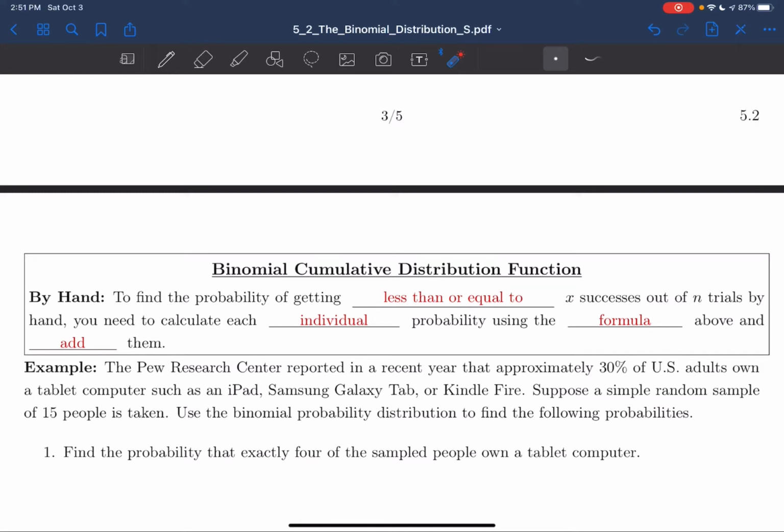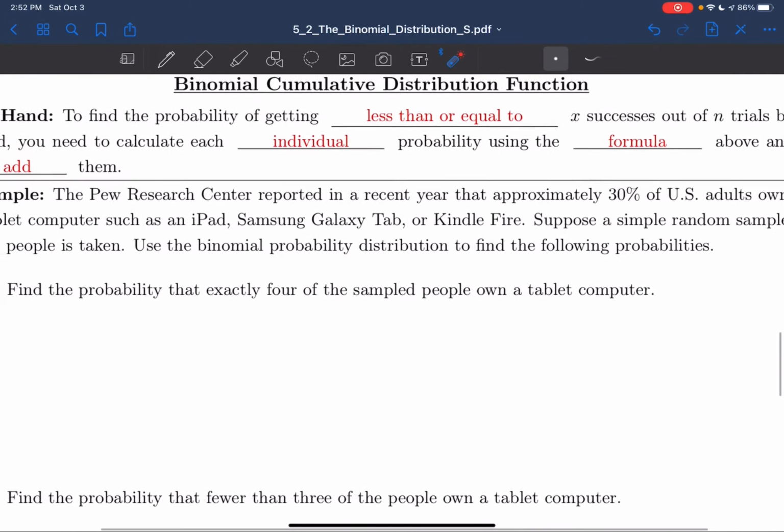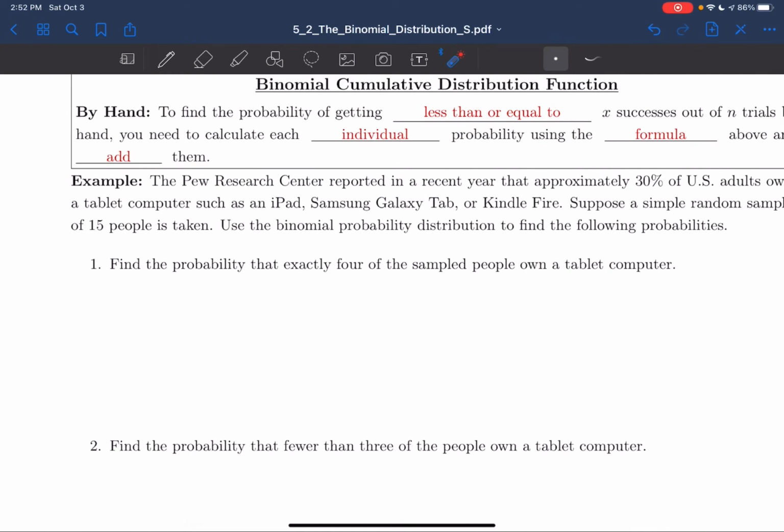It's similar to what we did in section 5.1. Since each trial is independent, the probability of A or B is equal to the probability of A plus the probability of B. You're adding each probability individually. Let's do an example here, and it'll probably be a little more clear.